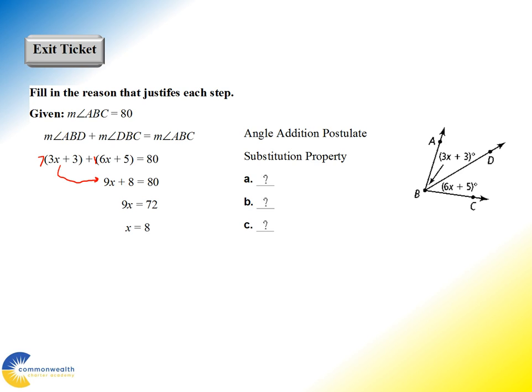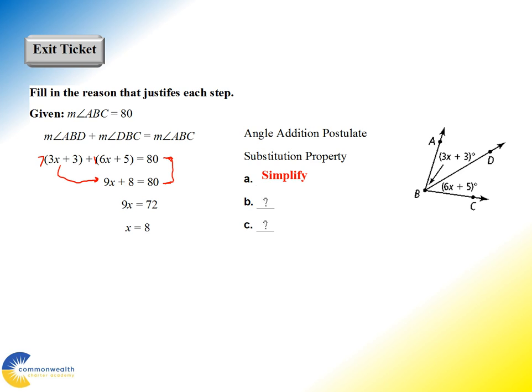As we look here, the right-hand side, nothing's changing. So it's not the addition property of equality here. It's basically we're doing this because we're able to either simplify or combine like terms.